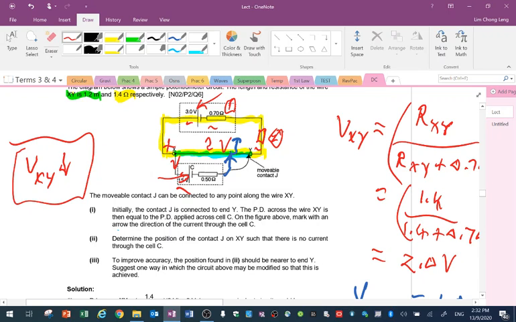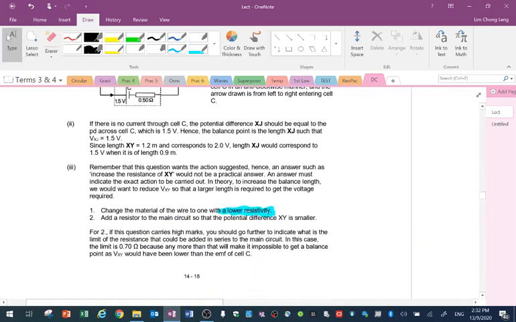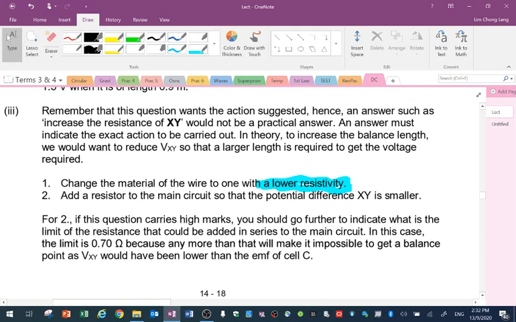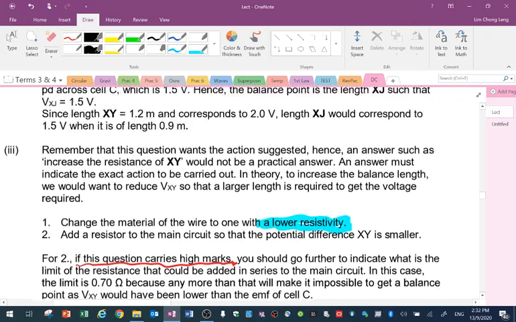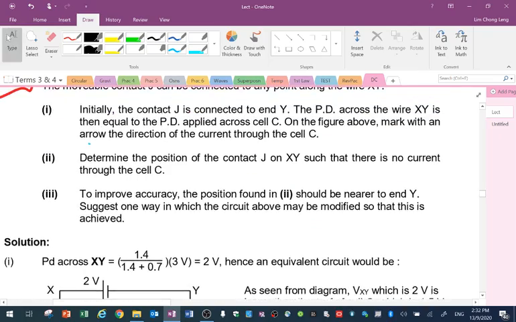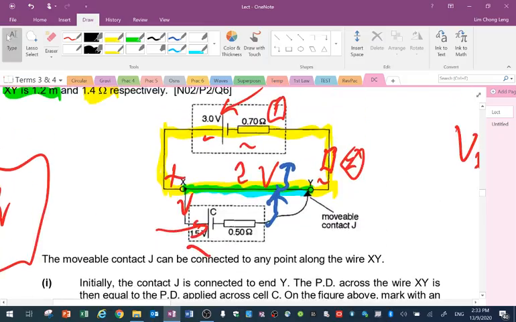So with 3 resistors sharing the same PD of 3 volt, you are able to reduce VXY. However, if the question carries a higher mark, then you should not just say include a resistor in the main circuit like that. Okay, you will not just say include it.